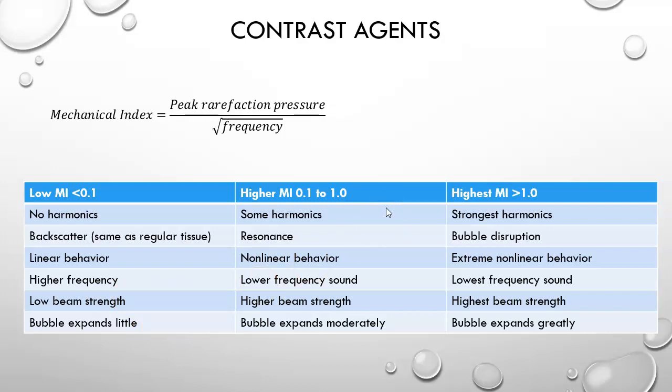With our mid-range harmonics, we do get nonlinear behavior, thus harmonics, and the bubbles expand pretty much. And then anything above 1.0, you're going to get disruption of the bubbles. It will form very strong harmonics, but you'll also get big disruptions of the bubbles.